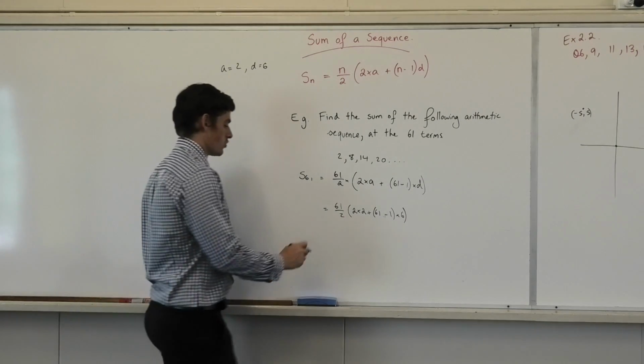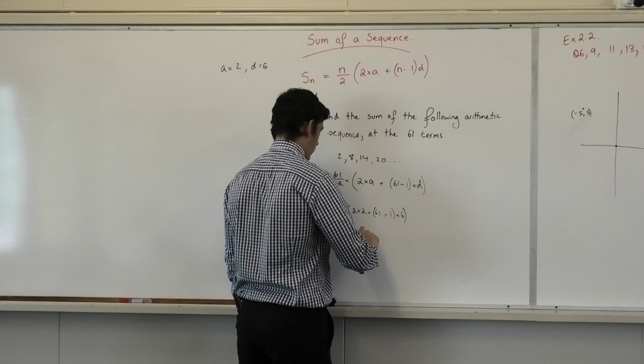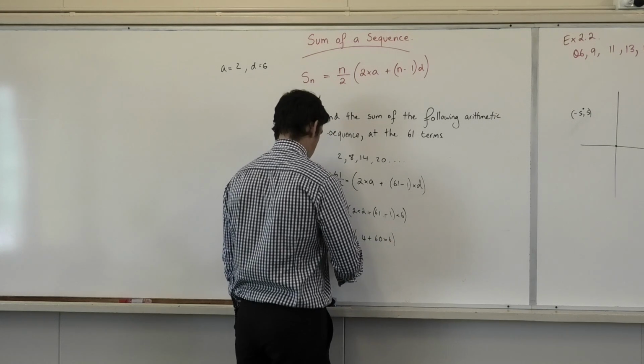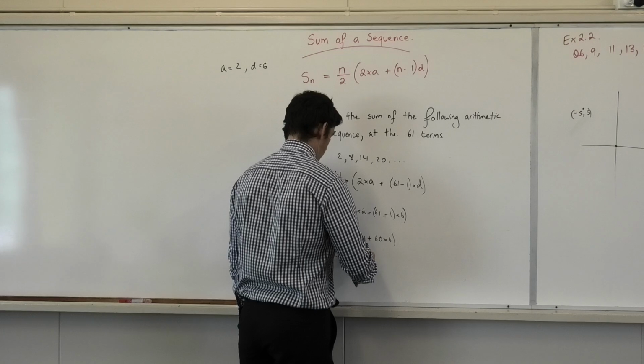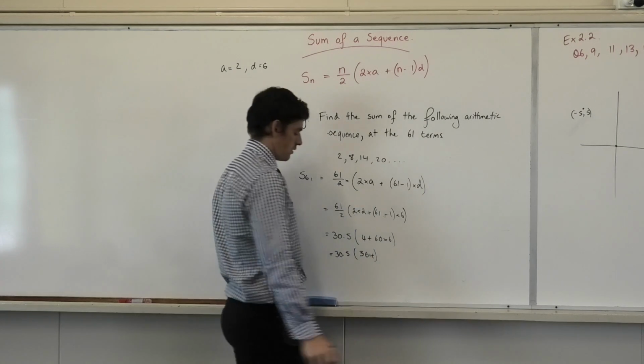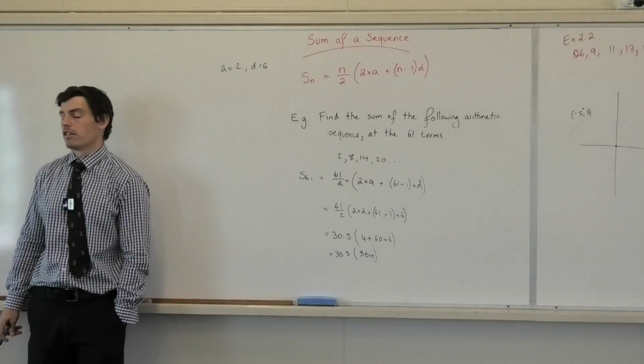So 61 on 2 is 30.5 times by 4 plus 60 times 6, 30.5 times 364. Put that in my calculator and off we go.